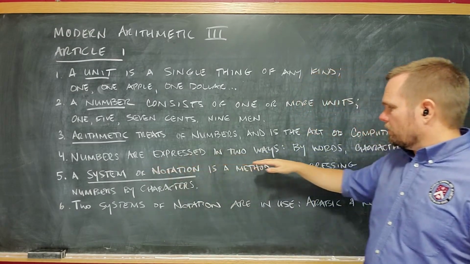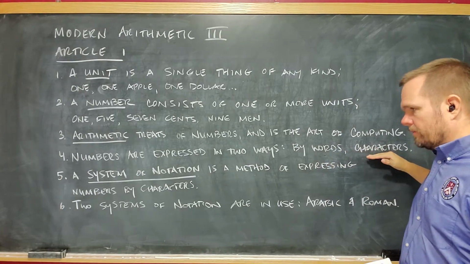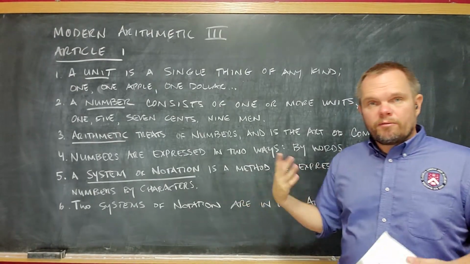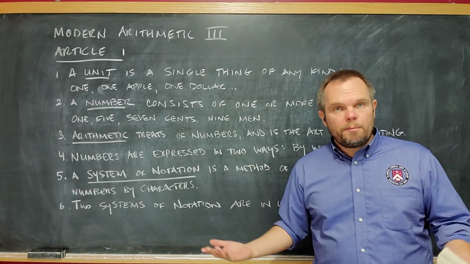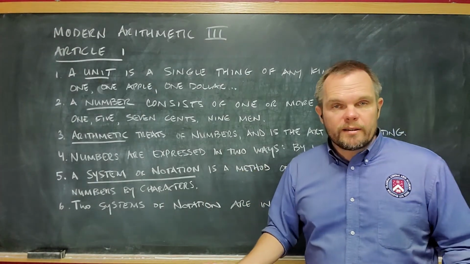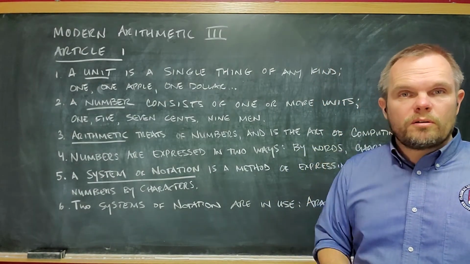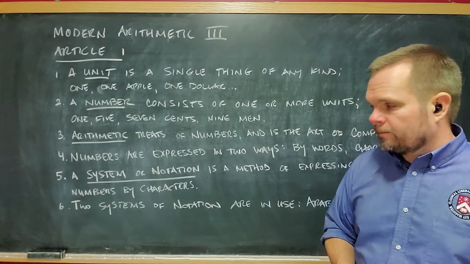So, we know that numbers can be expressed by words and by characters. But at different times, different people have expressed numbers in different ways using different characters. And there are 2 very important ways.